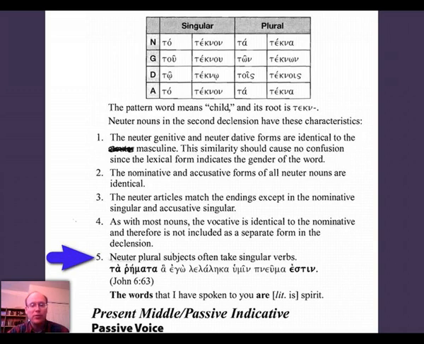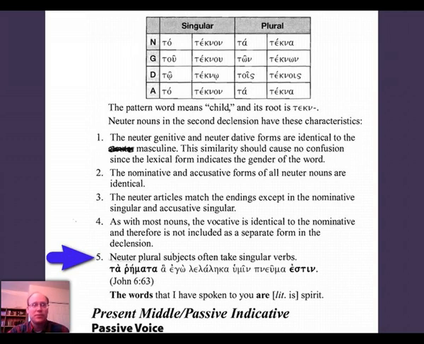But neuter nouns are an exception to this. For example, in John 6:63, ta rhēmata ha egō lelalēka hymin pneuma estin. So the words ta rhēmata is a neuter plural with a singular verb form. So don't be surprised if you see a neuter plural noun and a singular verb.